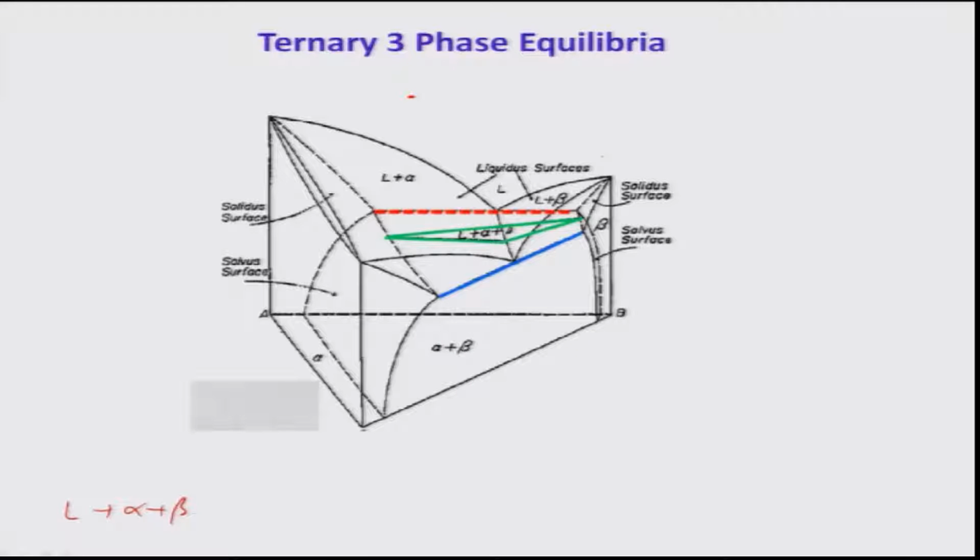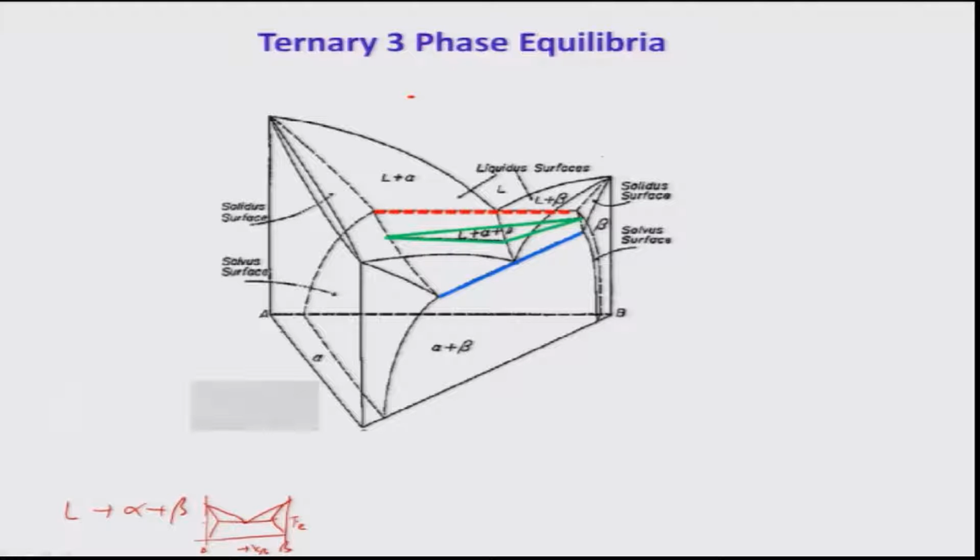Three phases can coexist in a eutectic phase diagram, or a peritectic, or a syntectic, or a monotectic. And this is represented by a horizontal line parallel to the compositional axis. This is the eutectic temperature here.